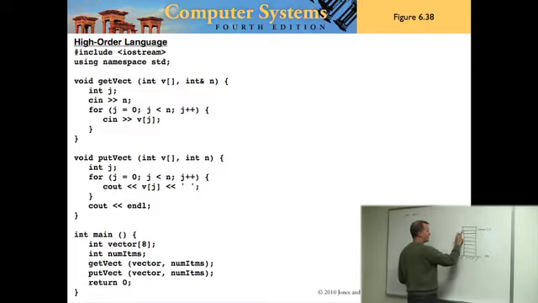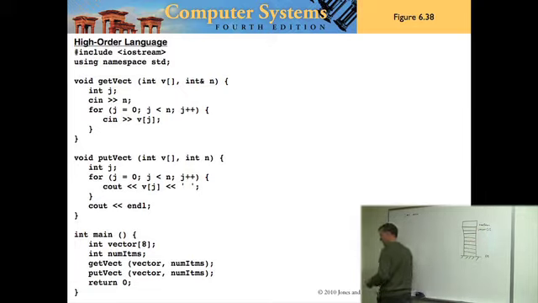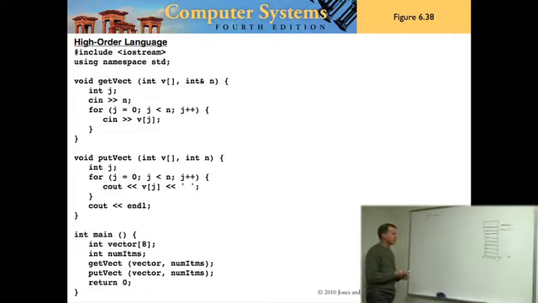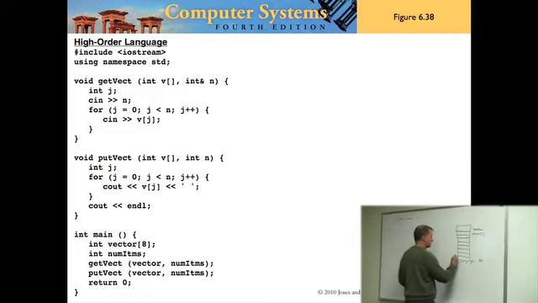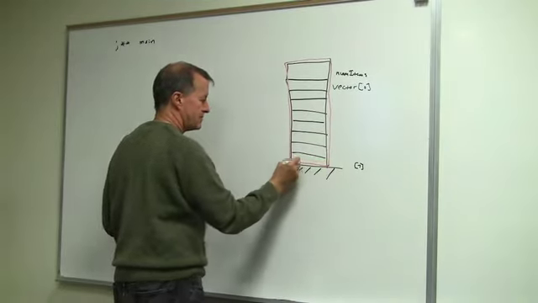And then the next local variable is num items. Okay, and then that's all the locals. So this is our stack frame, with all those items on it.